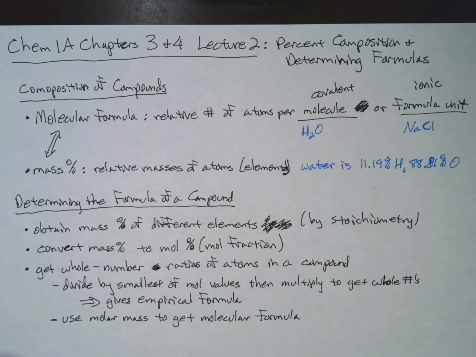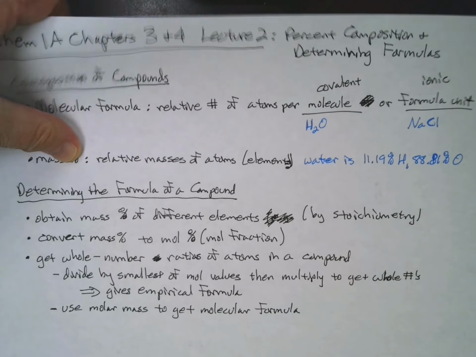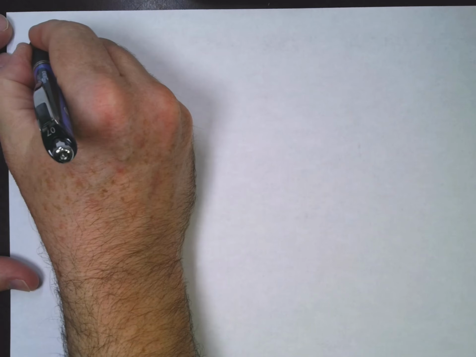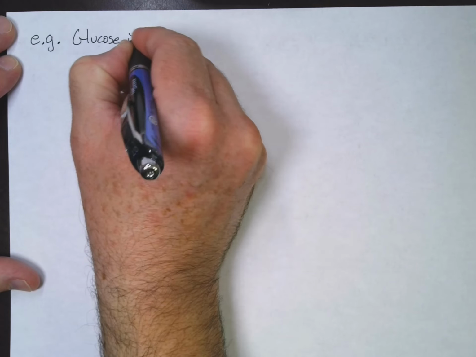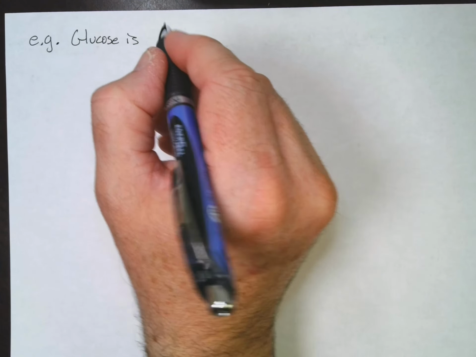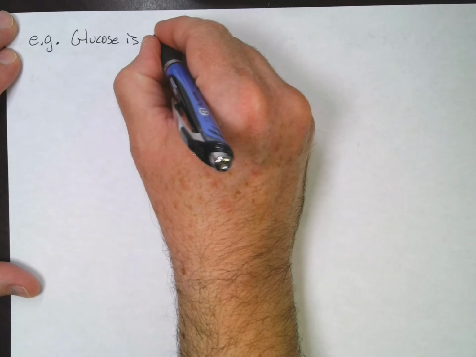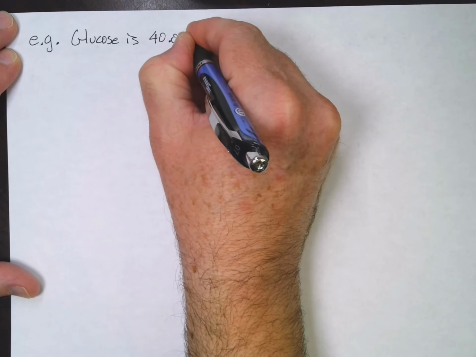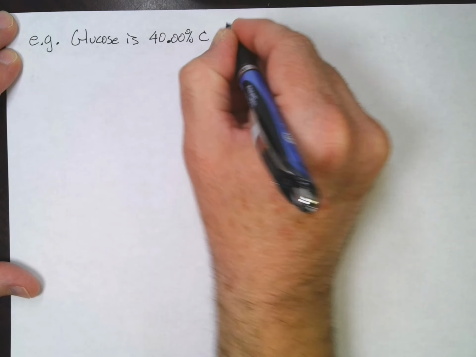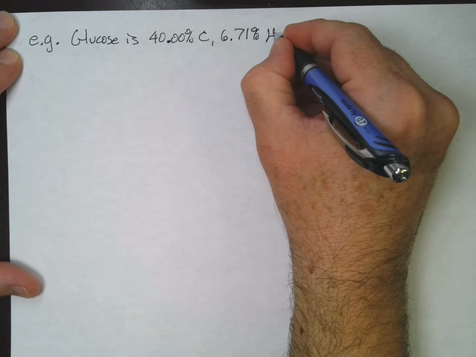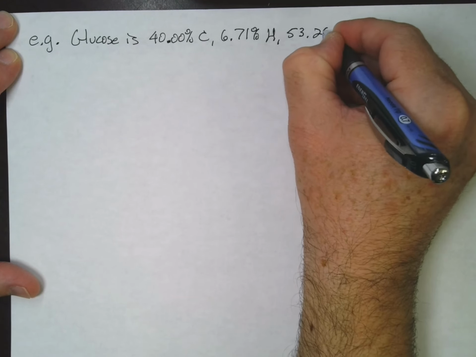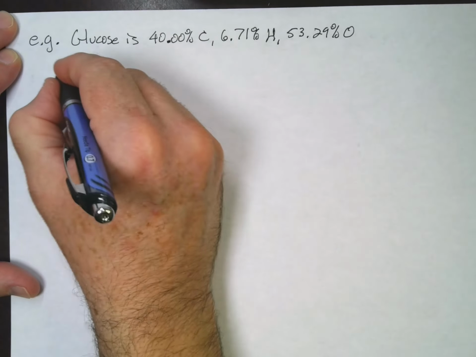Okay, so let's go ahead and look at an example of this. So let's say we had glucose, and glucose is 40.00% carbon, 6.71% hydrogen, and 53.29% oxygen.